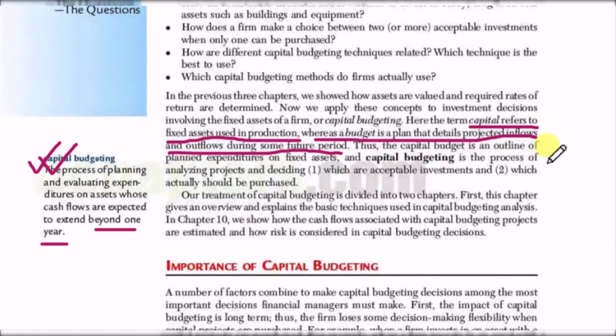Thus, a capital budget is an outline of planned expenditures on fixed assets, and capital budgeting is the process of analyzing projects and deciding which are acceptable investments and which actually should be purchased.